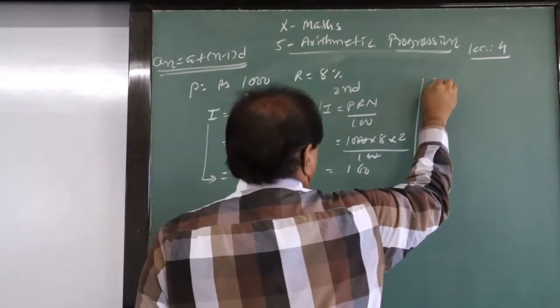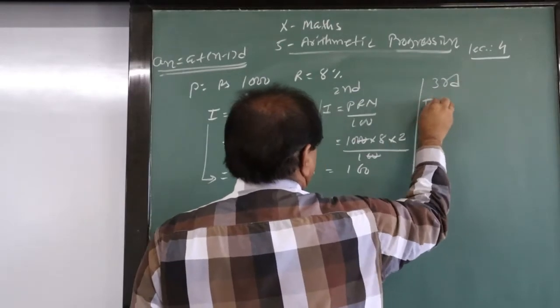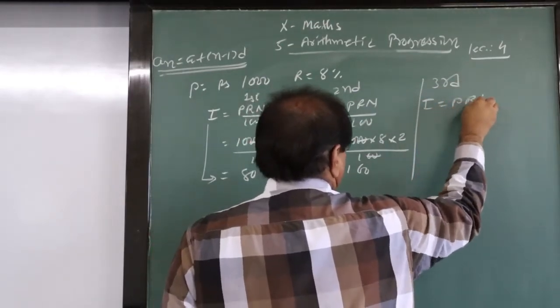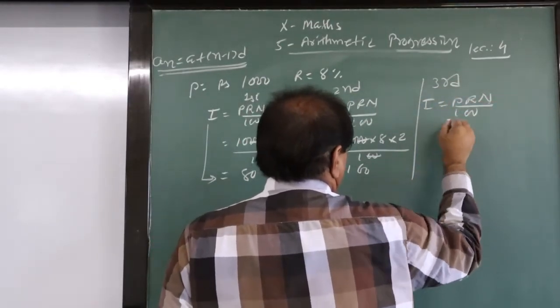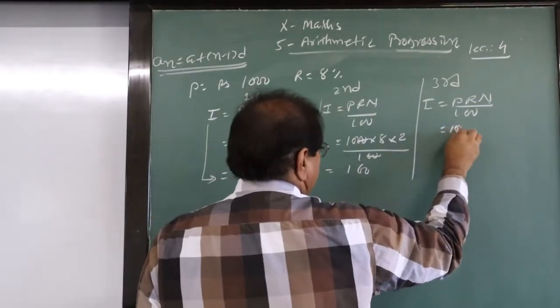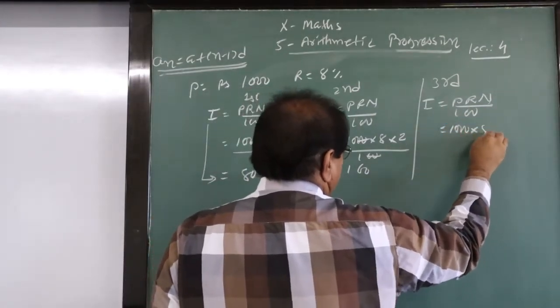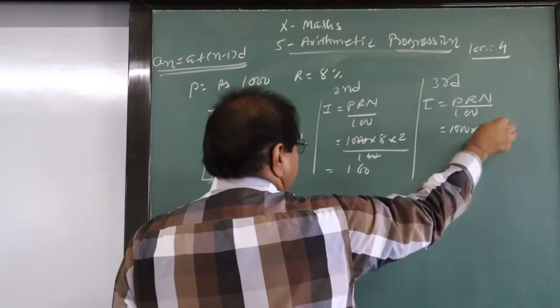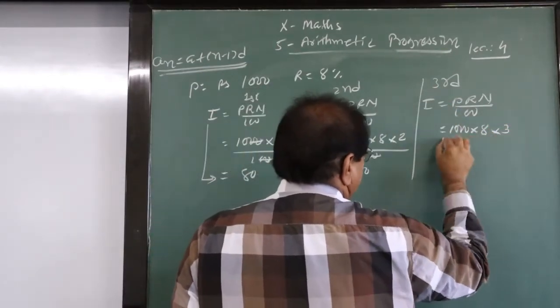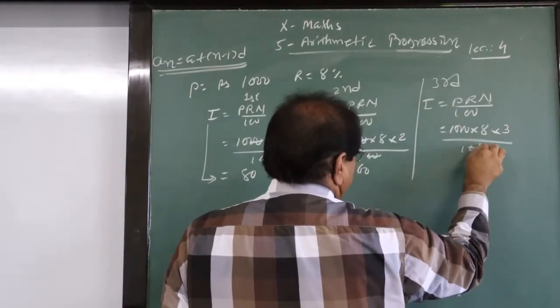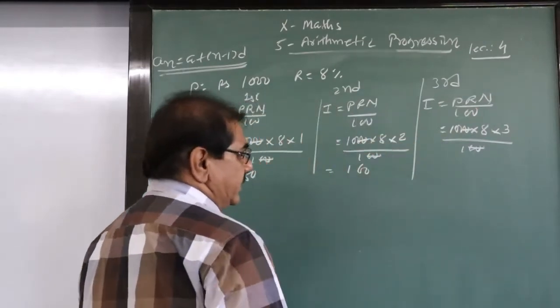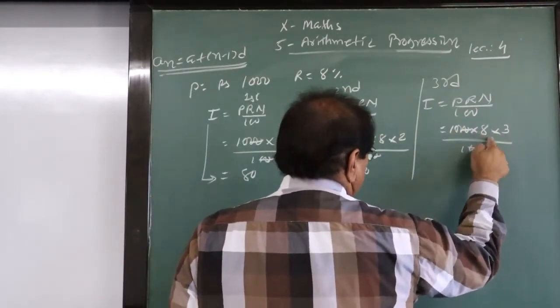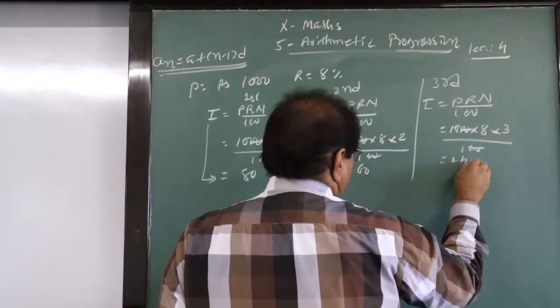We go for interest for the third year. I is equal to PRN upon 100. Principal is rupees 1000, rate of interest is 8. Now it is the third year, so value of n is 3, upon 100. 20 cancel, 8 3s are 24, 24 10s are 240.